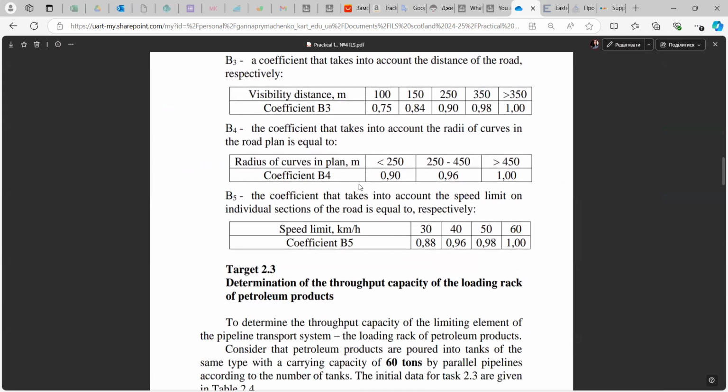Now I open only it. Find how many meters it is, and how much your coefficient b with index 3 is. For example, as for variant number 1, 250 meters, the coefficient b with index 3 is 0.90. And you find it, please, for your variant.